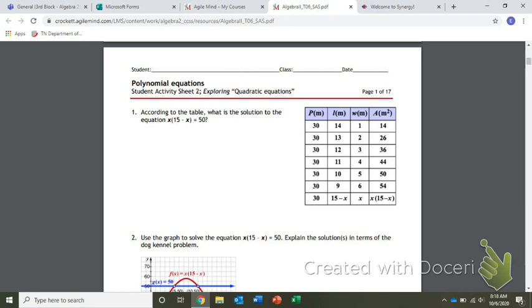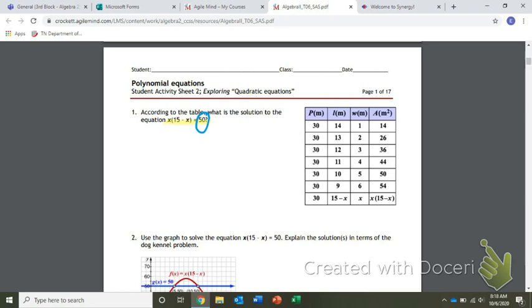All right, so on number 1, it goes back to the overview, which was the perimeter, the area, the length, and the width problems. It asks you for the solutions of this equation. Our solution, the answer that we are looking for, is when the area equals 50.